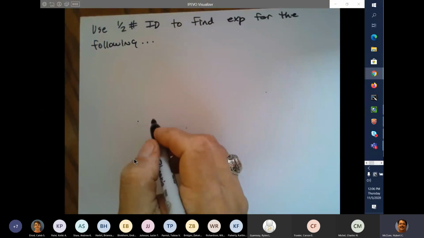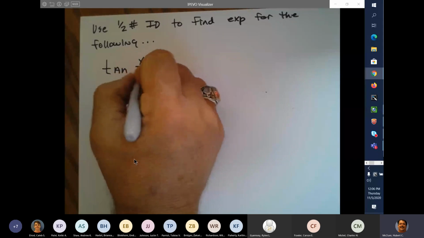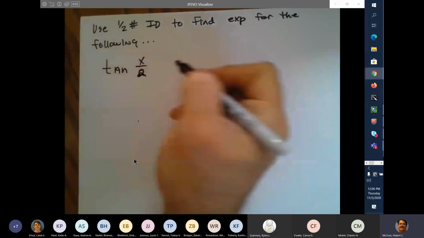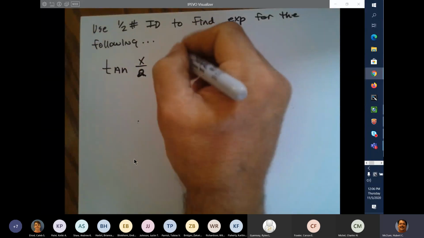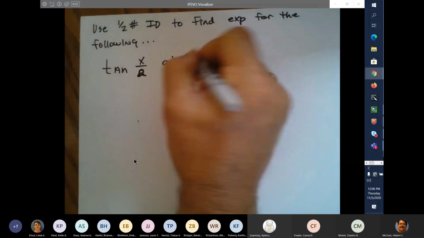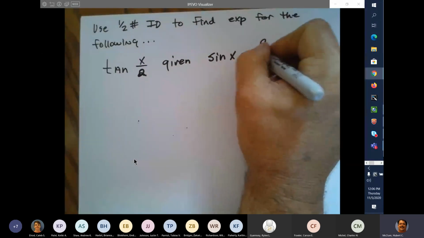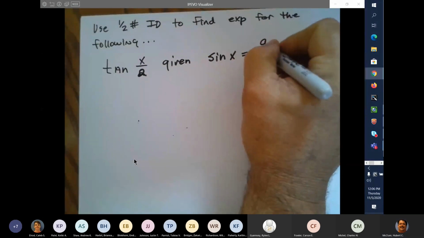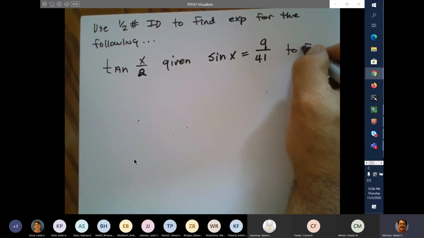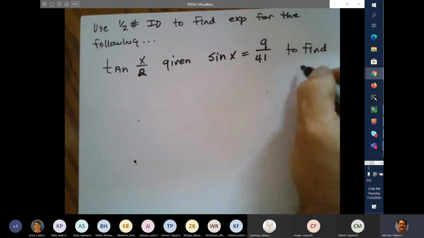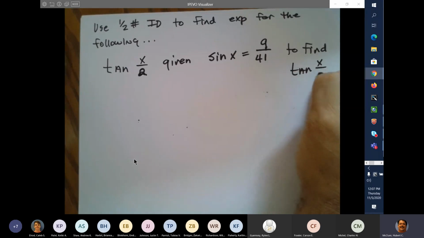And they say tan of x over 2, given sine of x is equal to 9 over 41. And they want you to find tangent of x over 2.